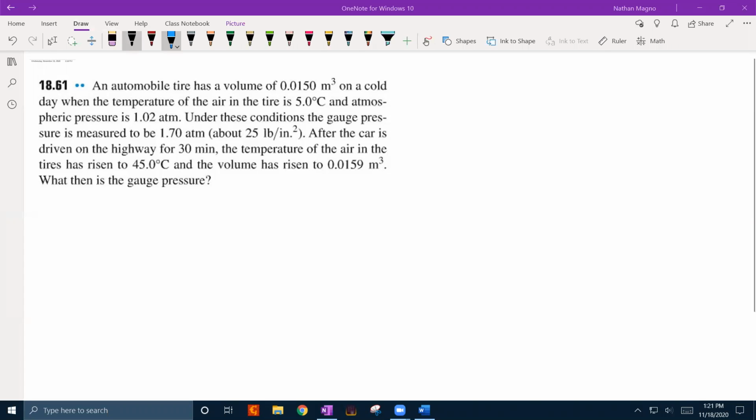All right. Any ideas so far? Well, I know for one, we're going to use the ideal gas law, so we're going to use PV equals nRT.